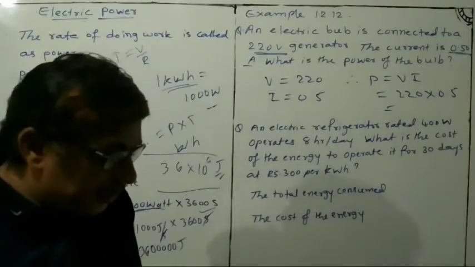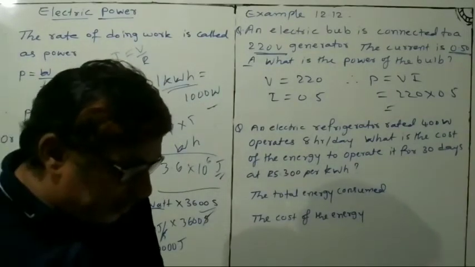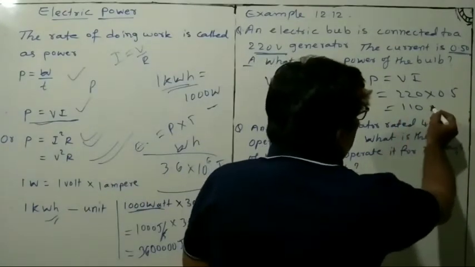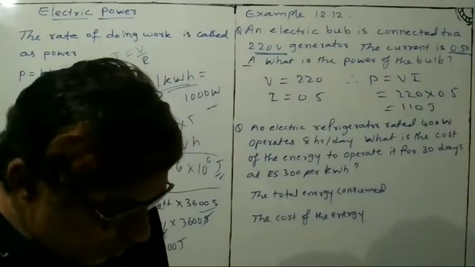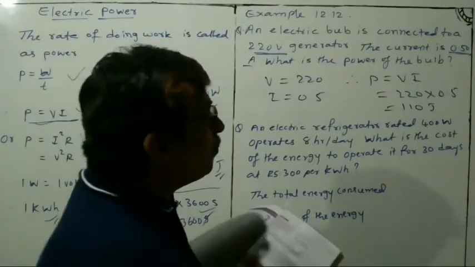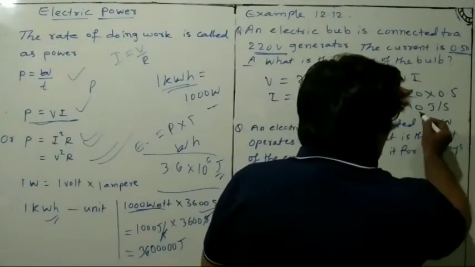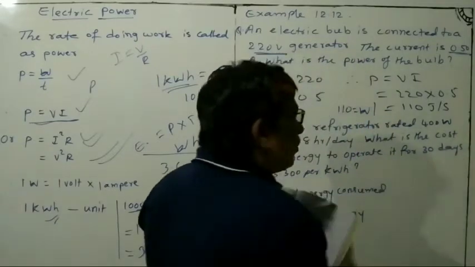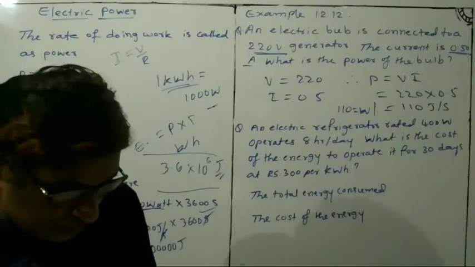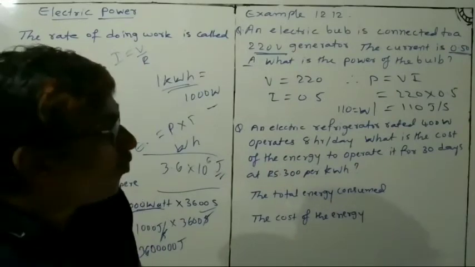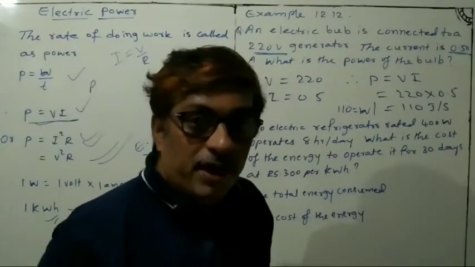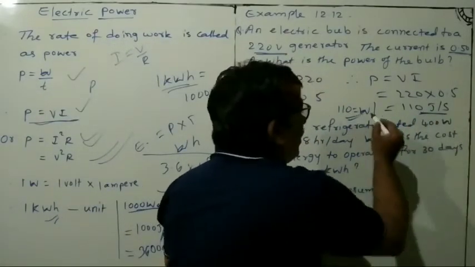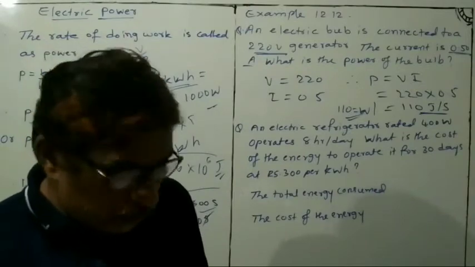What answer will you get? The answer will be 110 watt, that is 110 joule per second, or 110 W. So clear now? Because 1 watt is equal to 1 joule per second, that's why 110 joule per second, or you can write 110 W.